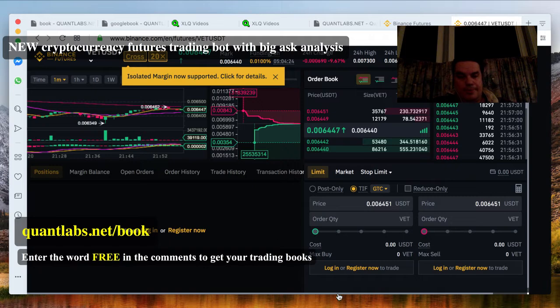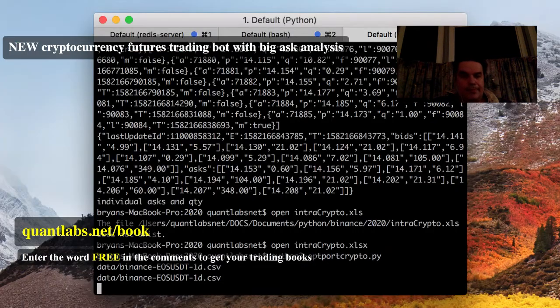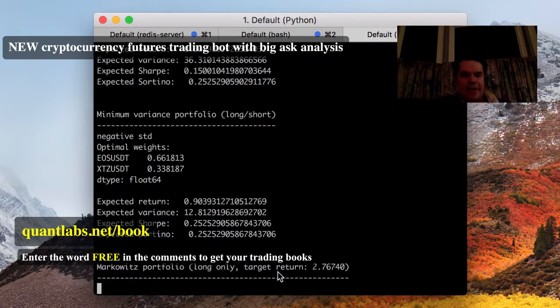I don't know what's going on. All right, so let's see here. Yeah, my system's really slow, probably for the amount of stuff that I'm running on this system. Okay, here we go. This is what it's doing.